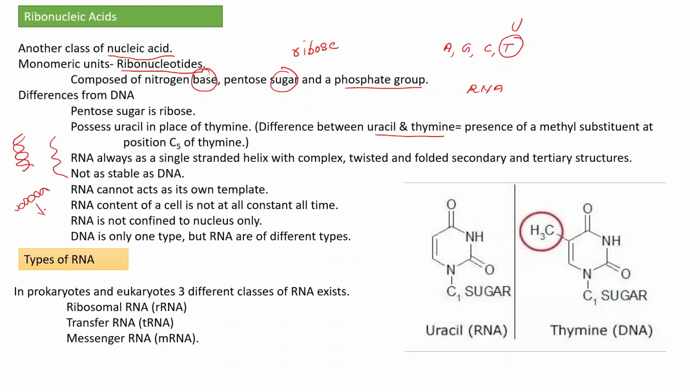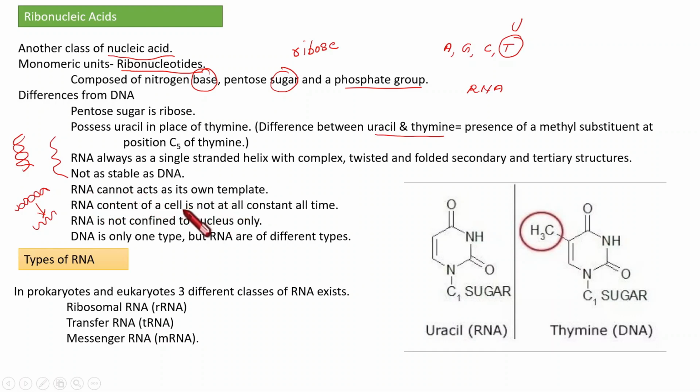From a DNA only, an RNA can form. So always it needs a DNA for the synthesis of new RNA. But in the case of DNA, DNA can use DNA itself as its template. So that is the next difference.